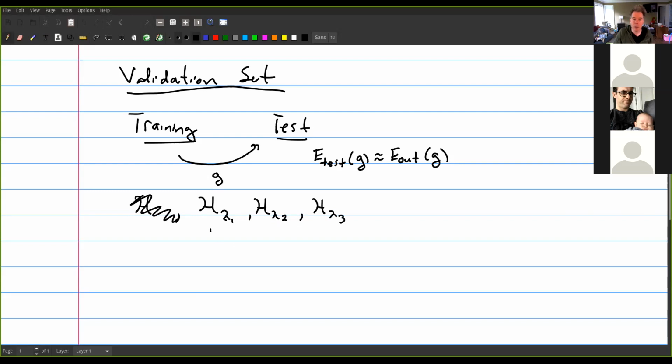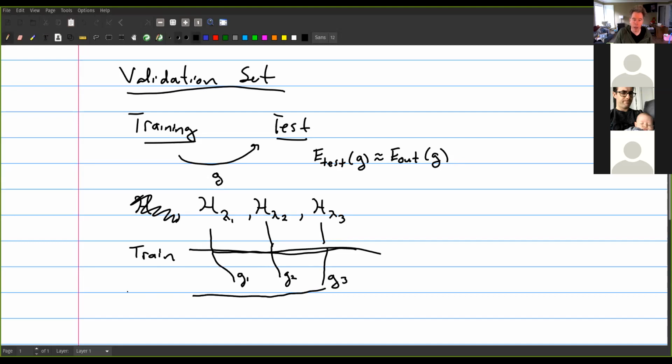So what we've been doing is training these on the training set. They all go through this training phase, and then after training, they produce some best hypothesis here. So let's call this G1. This one is G2, and this one is G3. They all go down, and we see how they perform on the test set.